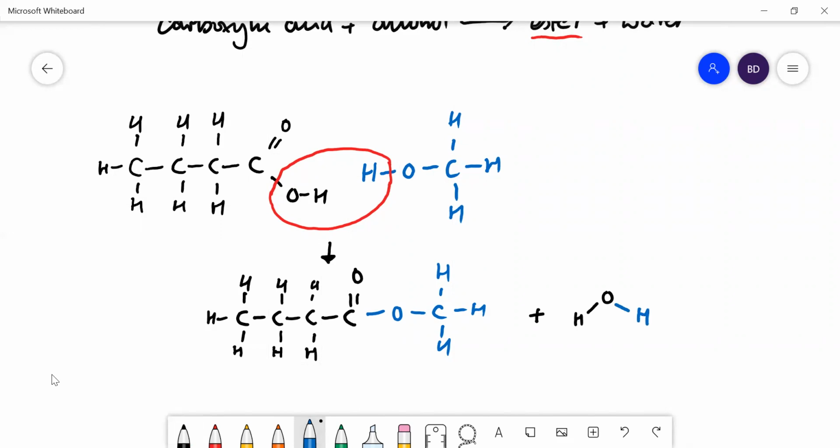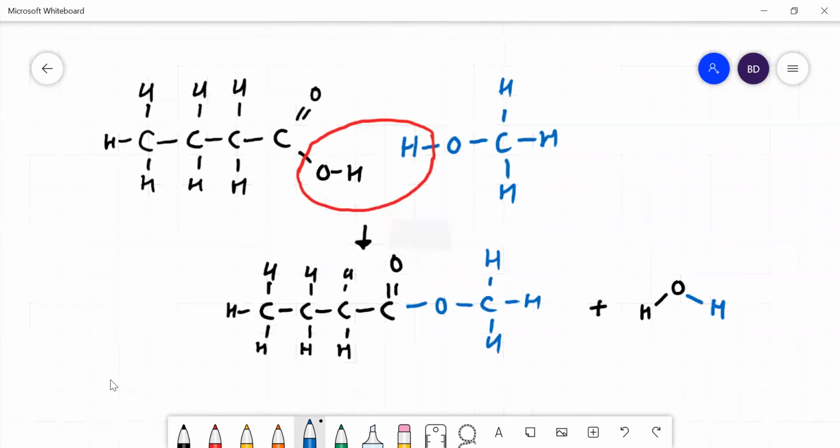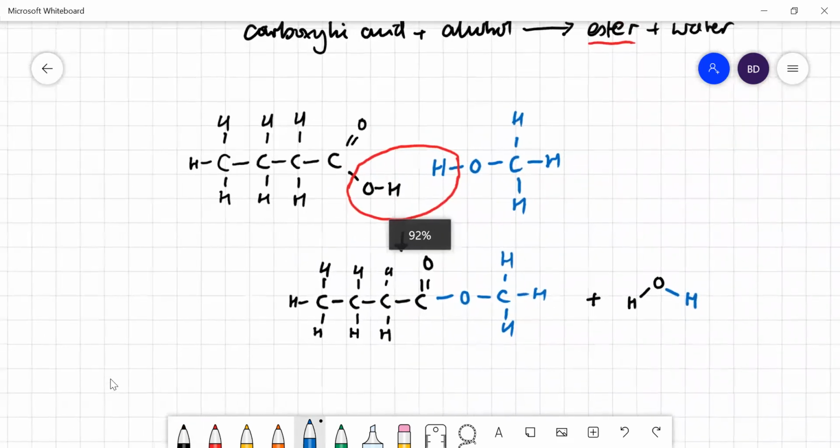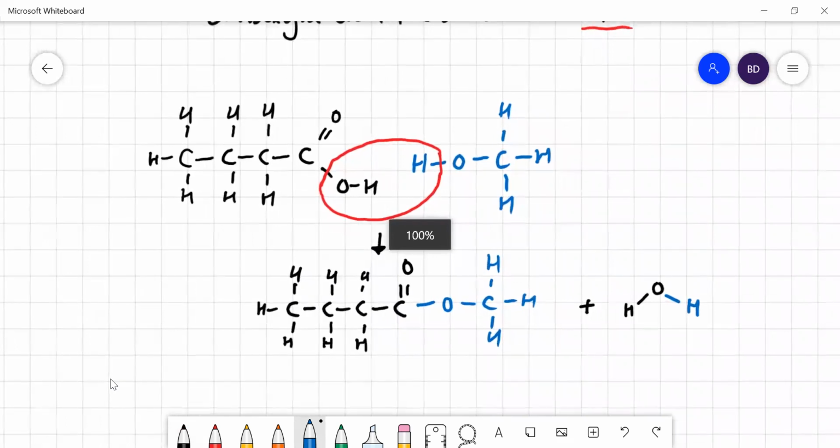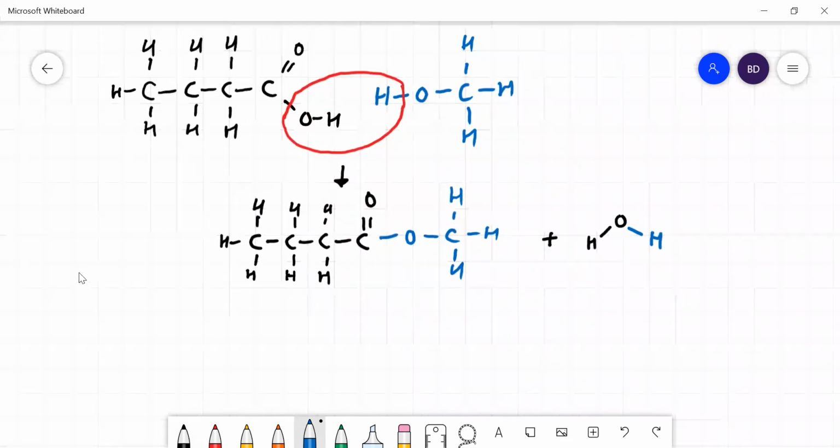To save time and effort, instead of drawing it like that, the way you usually draw it is, this group here, we're going to call that CH3. So I'll write CH3, and that's bonded to this group here, which is CH2. And then there is another CH2 next to that.